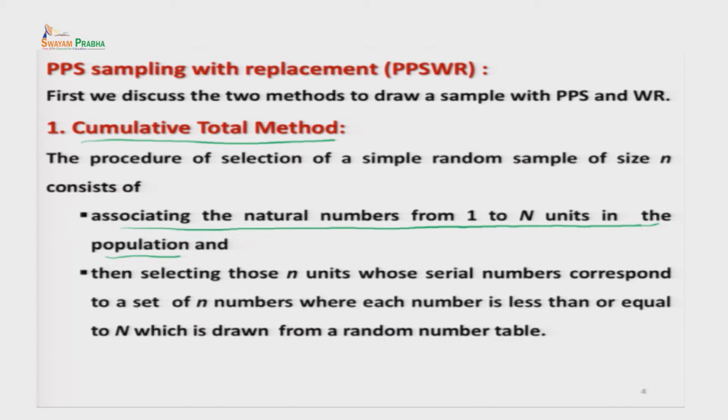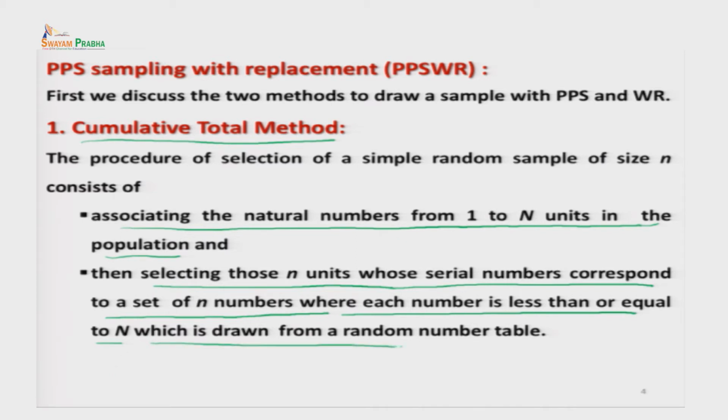And then we would like to collect those small n units whose serial numbers correspond to a set of n numbers, where each number is less than or equal to capital N. And these numbers have been drawn from a random number table. Well, what does this mean?